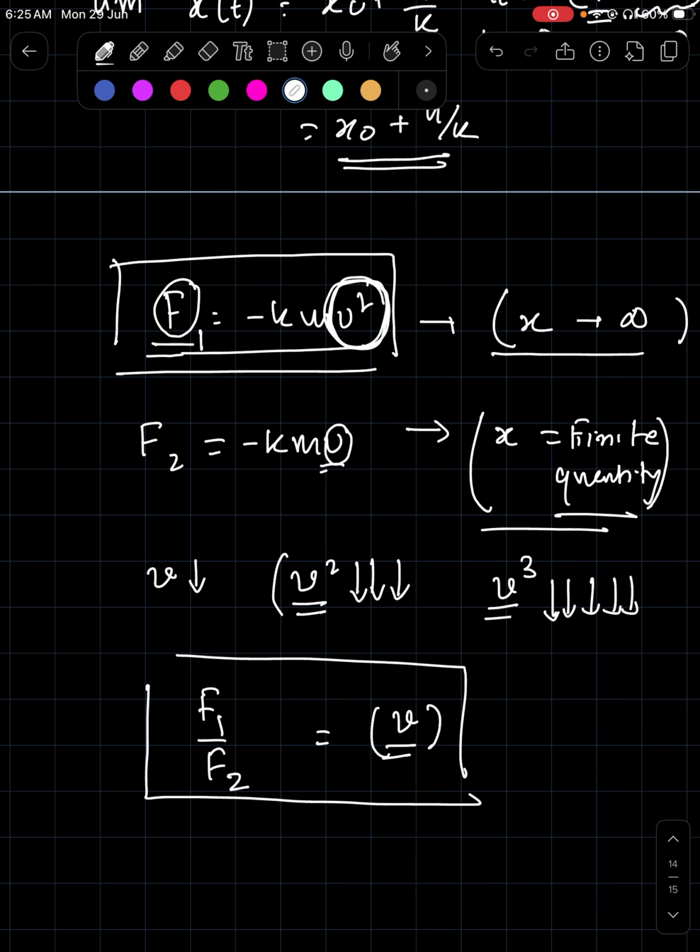So that is why, when we consider the powers of the velocity which are greater than one, the result will be different. When the power is one, then the result will be surprisingly opposite to these cases.